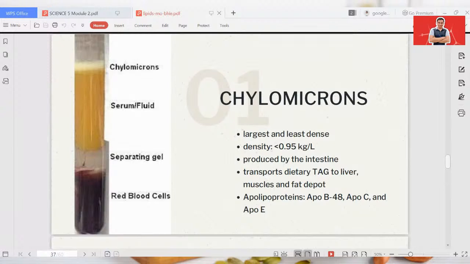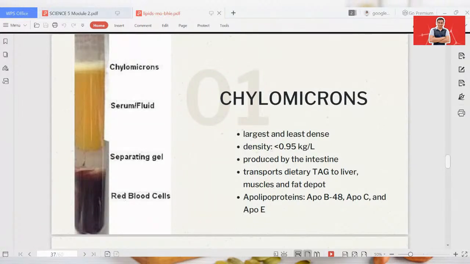They are formed in the intestines and they transport triglycerides after a meal to the liver, muscles, and fat depot, giving the serum a turbid appearance. So always remember, they are formed in the intestines.